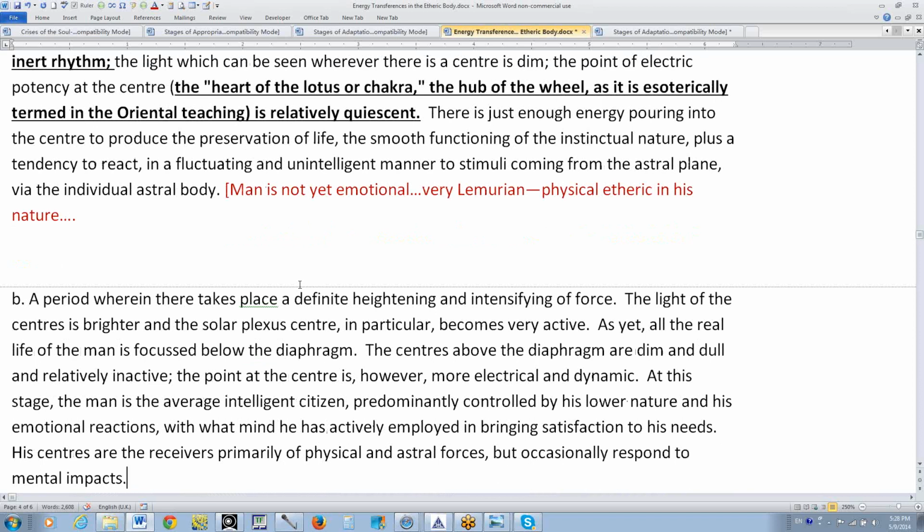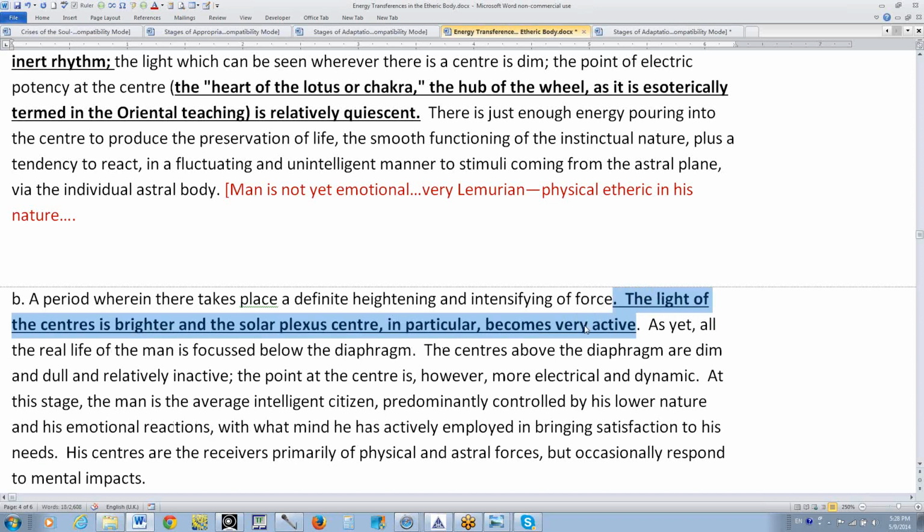The light of the centers is brighter, and the solar plexus center in particular becomes very active. So this for the modern Atlanteans of the 4th group of souls, and also for the average good person, the bulk of our humanity, the solar plexus is bright. And he says almost excessively active. The emotions are almost excessively active.